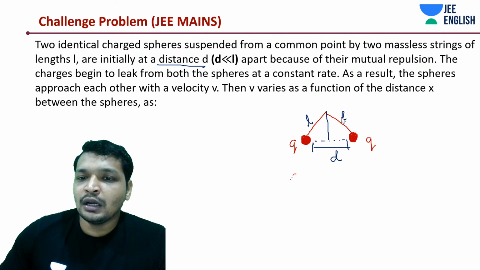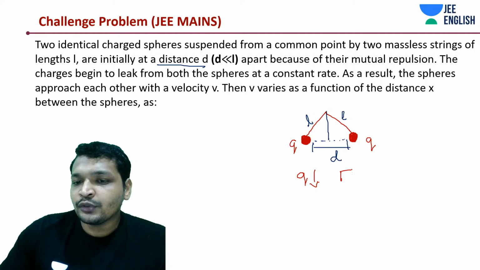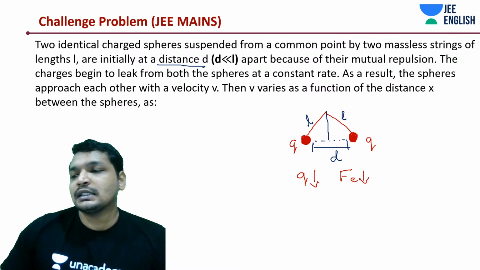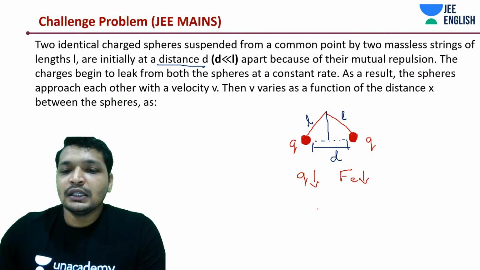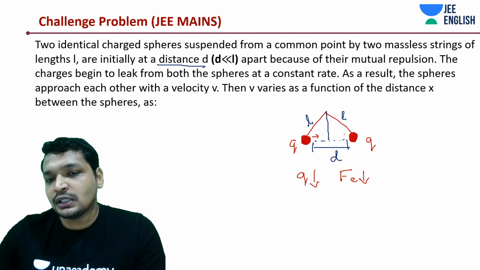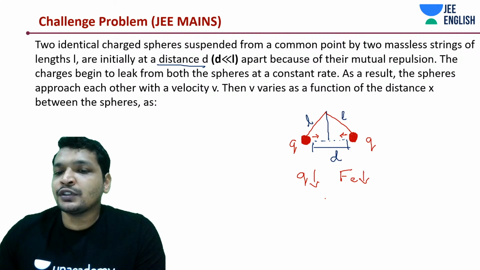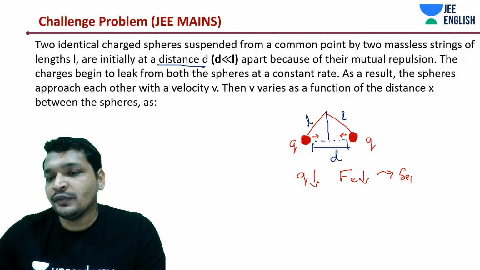To be more aptly stated, as this Q decreases, the electrostatic force also decreases, right? If the electrostatic force decreases, they will move towards each other. They will start approaching each other. The force of repulsion has reduced. Separation will decrease.